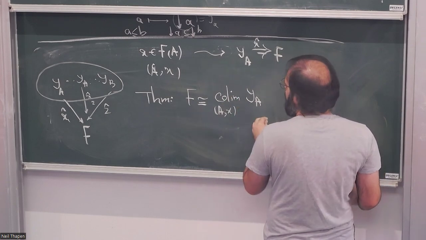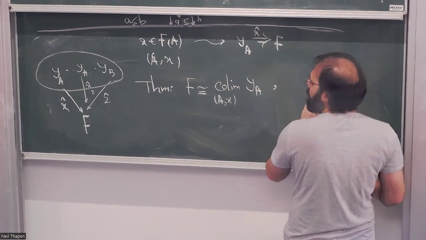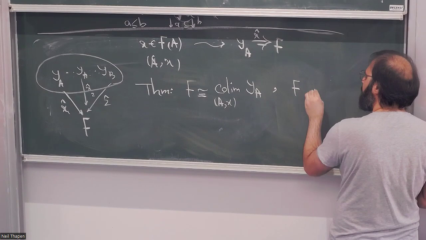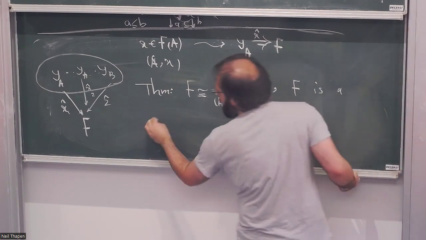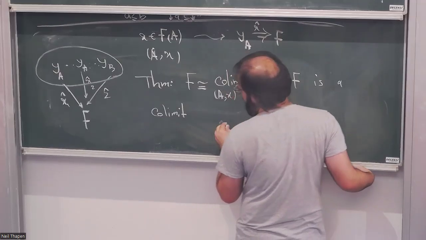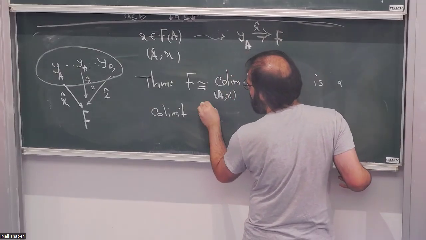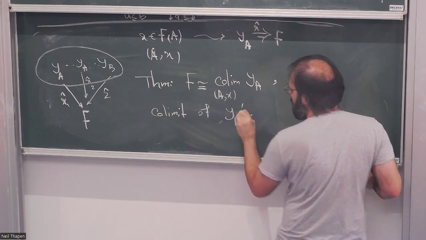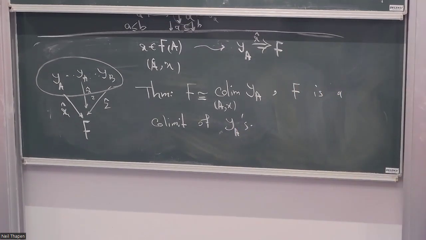But I don't want to write down the whole thing. The important thing is that F is a co-limit of Yonedas of A's. This is the thing that I want to say.